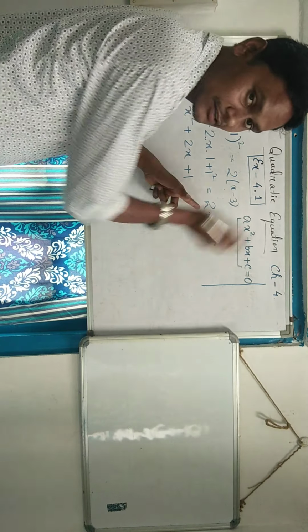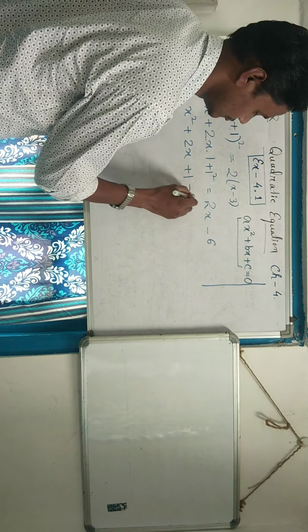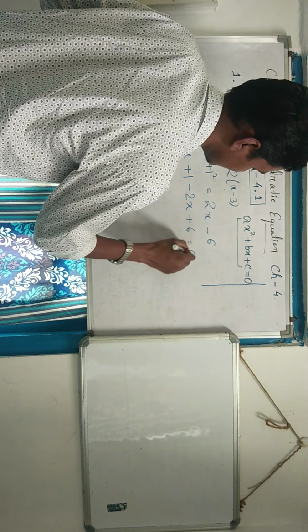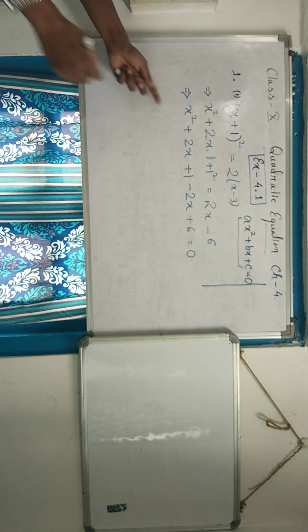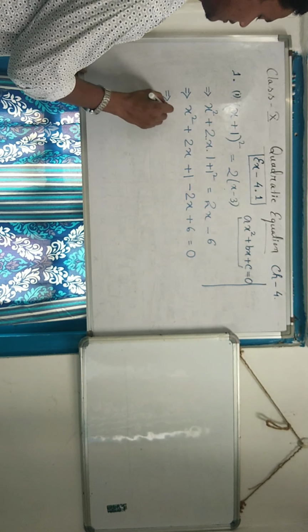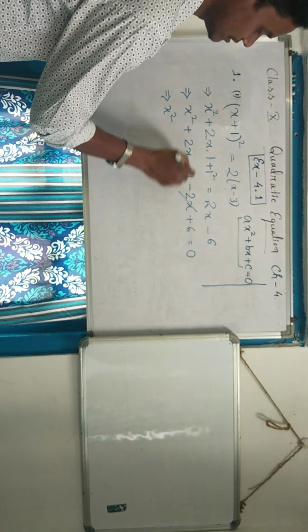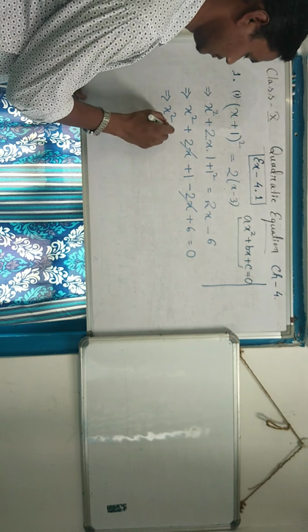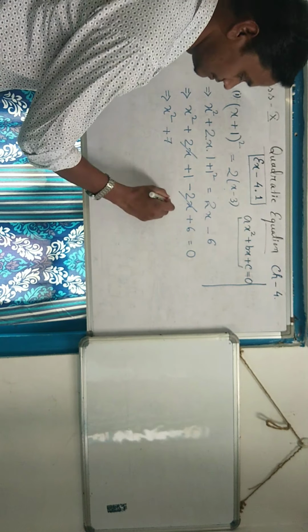I'll take this 2x to this side, minus 2x, then plus 6 is equal to 0. Now the minus 2x and plus 2x get cancelled, then 1 plus 6 is plus 7 equal to 0. So x square plus 7 is equal to 0.